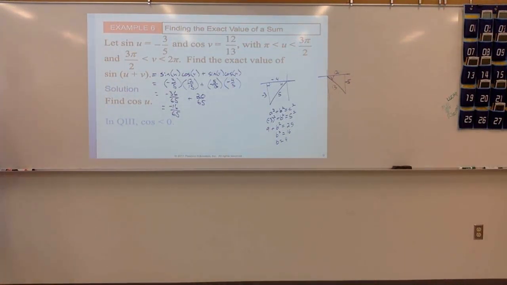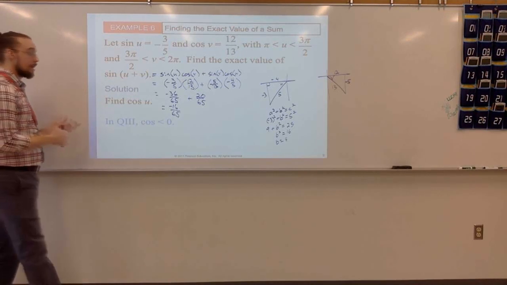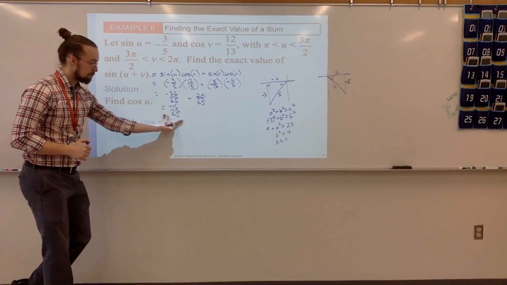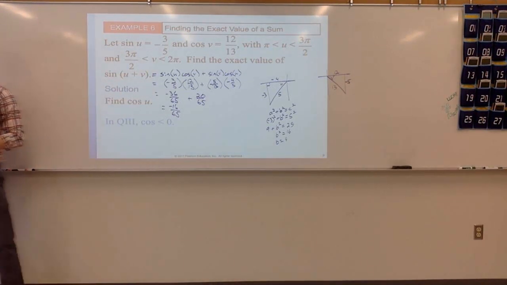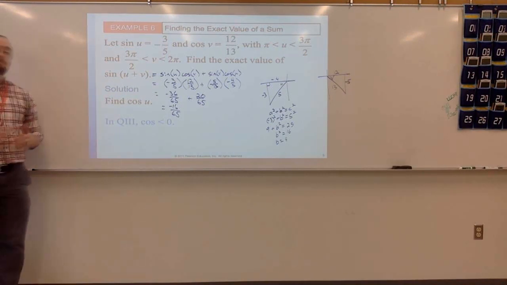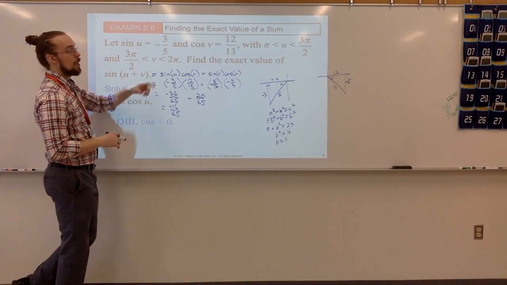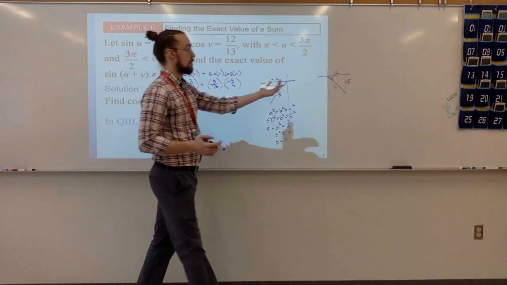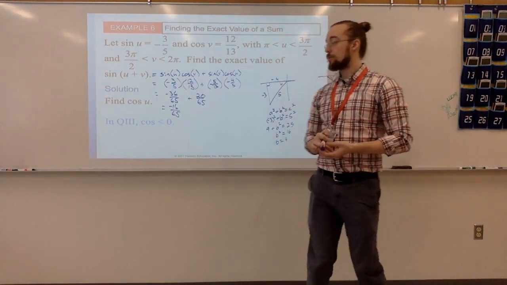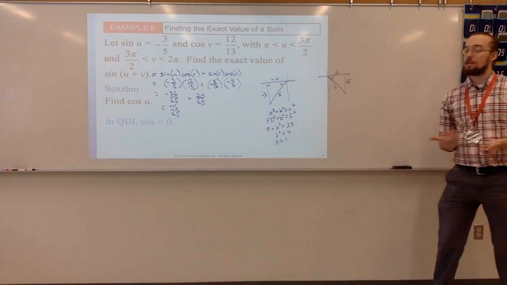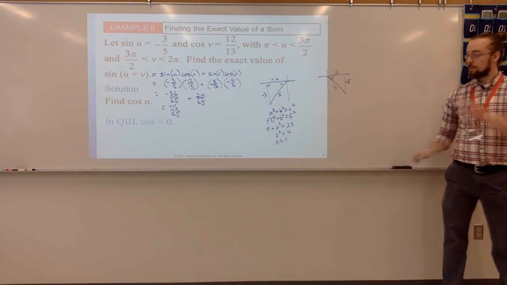So for this problem, the exact value of sine of u plus v is negative 16 over 65. To use our formula though, we had to set up and solve two right triangles to get another sine and another cosine value.